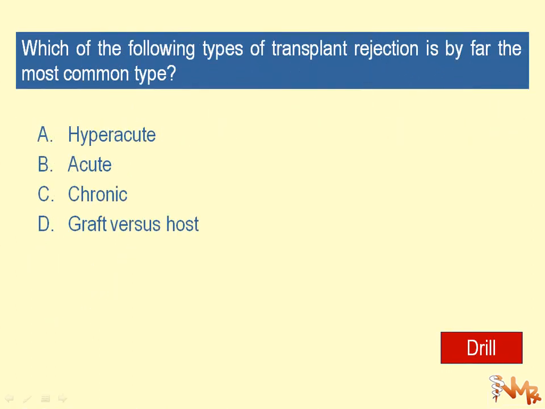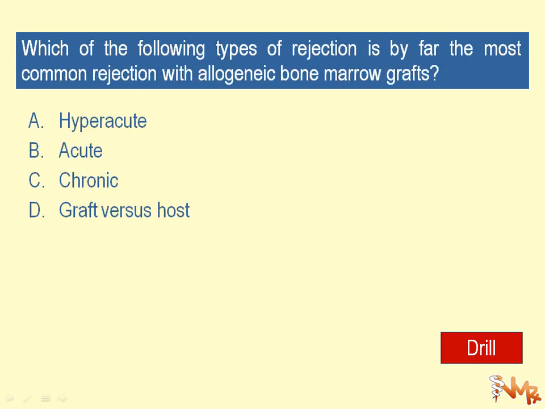Which of the following types of rejection is by far the most common type? If you recall what I said earlier, acute is the most common type. Which of the following types of rejection is by far the most common rejection with allogeneic bone marrow grafts? This is graft versus host.